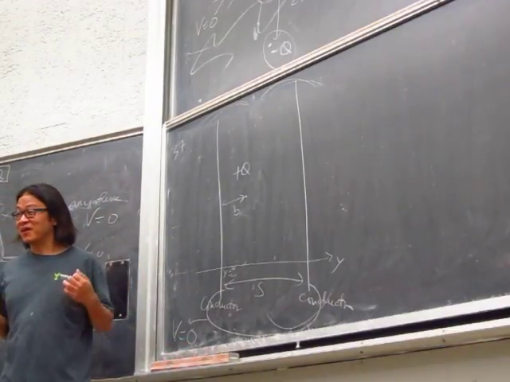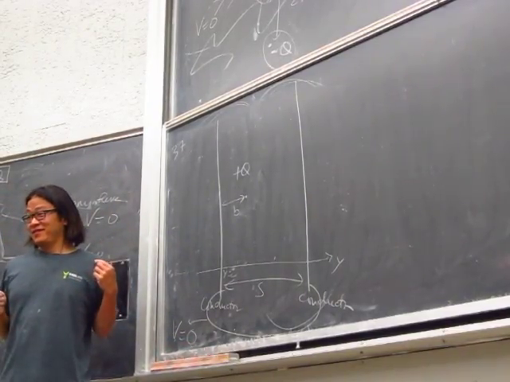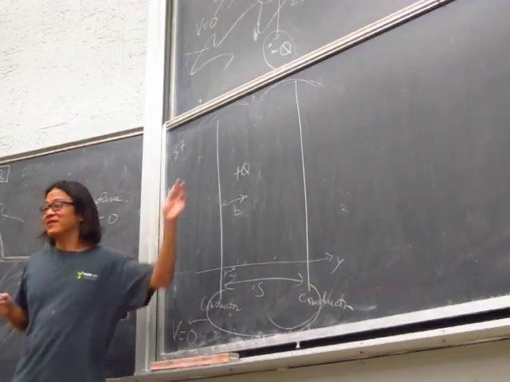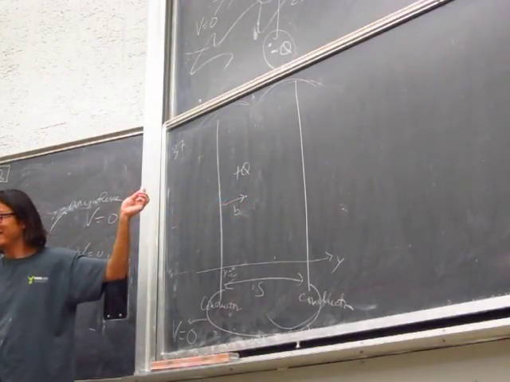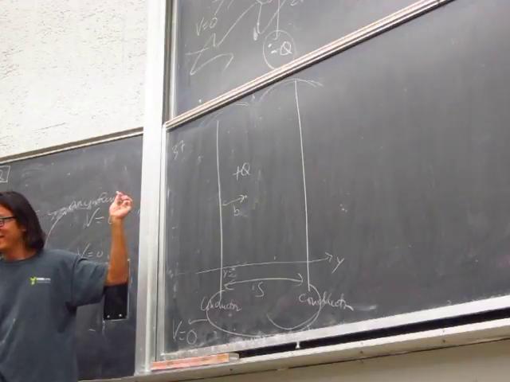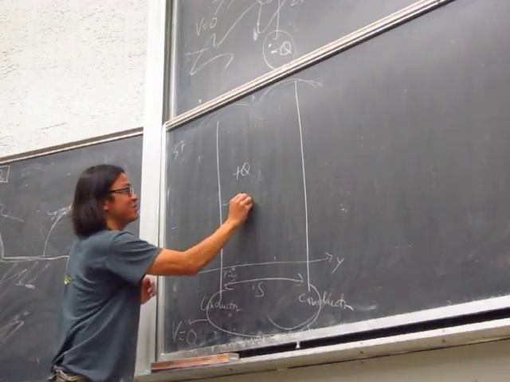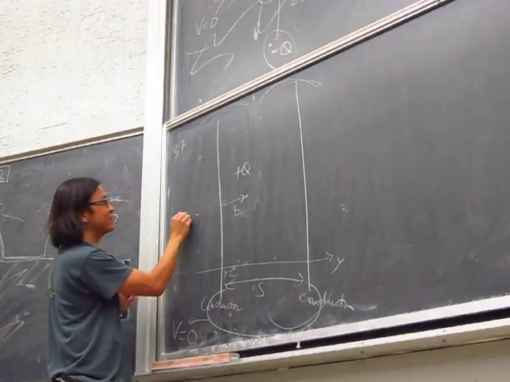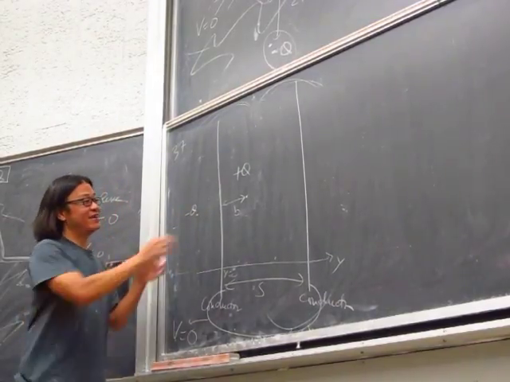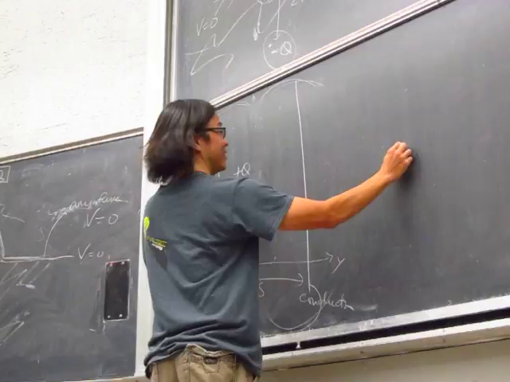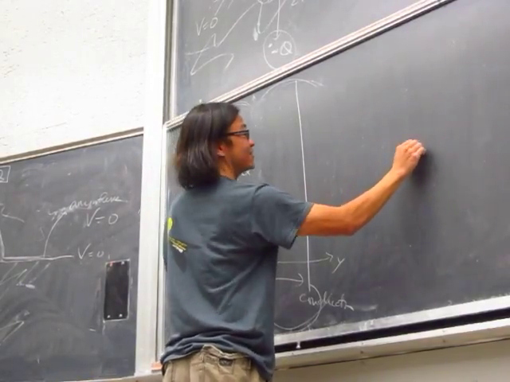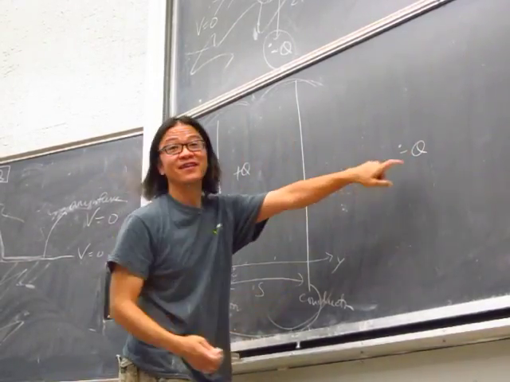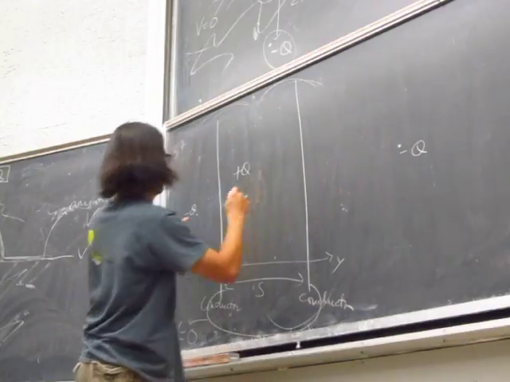So how do you solve this problem? You might have an infinite iteration here. If you have a plus q here, it creates an image minus q on that one, and it creates another image of minus q on this plane, right?